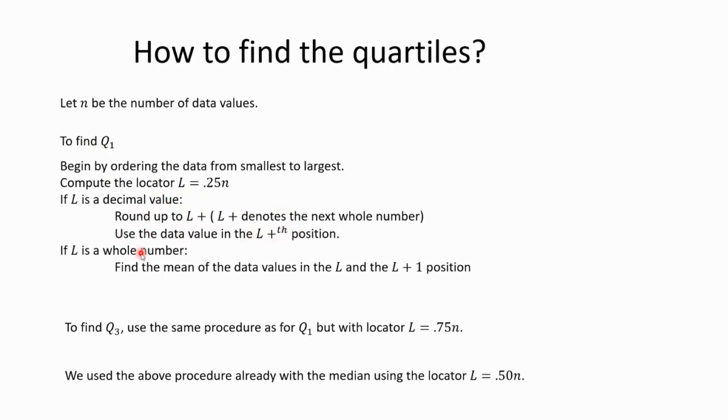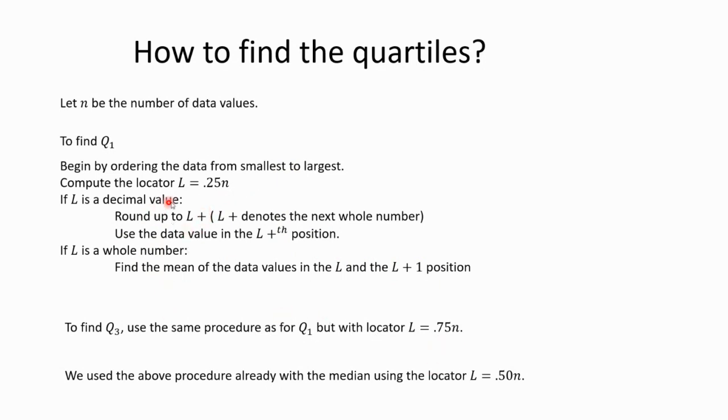Now, if instead L is a whole number, like 4, 8, or 12, then you have to get the data values in the L and L plus 1 positions and find their mean. You can actually follow this process to get the median, which is our Q2.